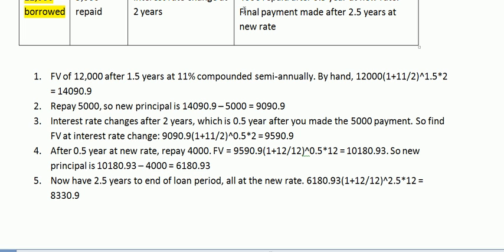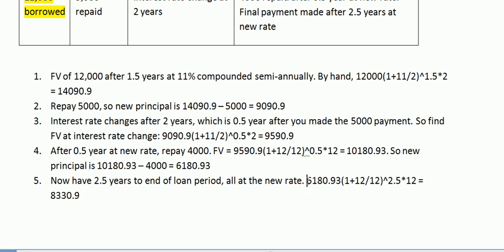Now we have a final payment to be made, and there's another 2.5 years to go. So we have 2.5 years to the end of the loan period, which makes a total of 5 years. This 2.5 years is relatively simple. It's all at the new rate.